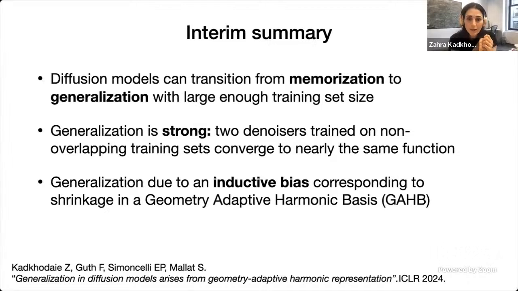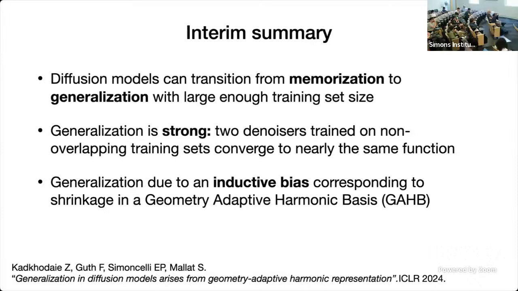Haar is a pretty basic wavelet, so the results are not great. But even if you use smoother, better wavelets, at the end of the day, because the basis is fixed, the performance is way worse than the deep neural network denoisers.